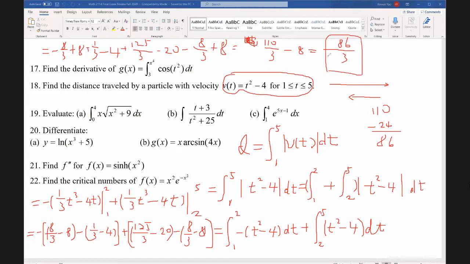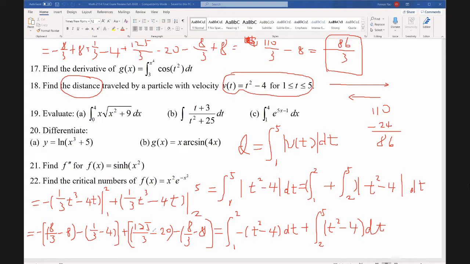So please copy this down, okay? The final distance is the exact answer, 86 over 3. Is that 125 over 3? Yes, 125 over 3.